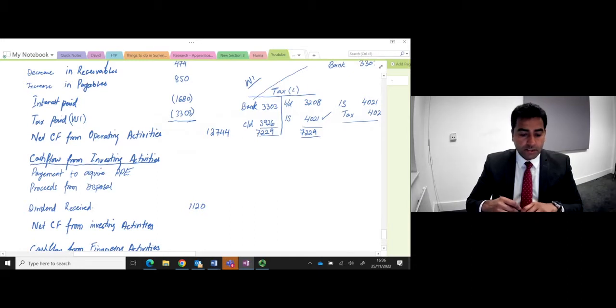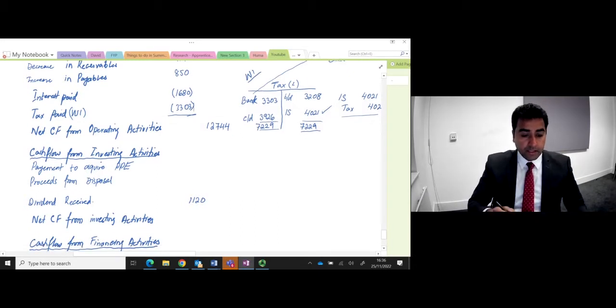The next part is to calculate the cash flow from investing activities, and we have to see if we have made any payment to acquire new property, plant and equipment.